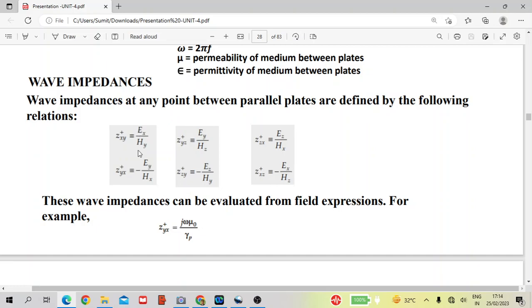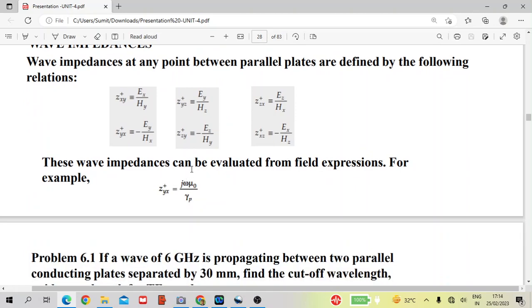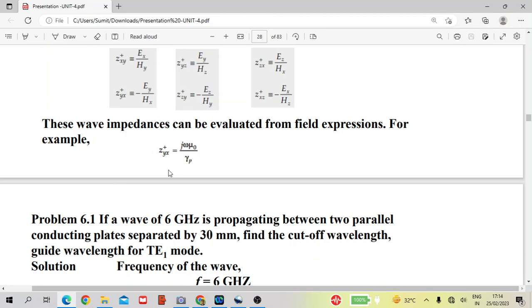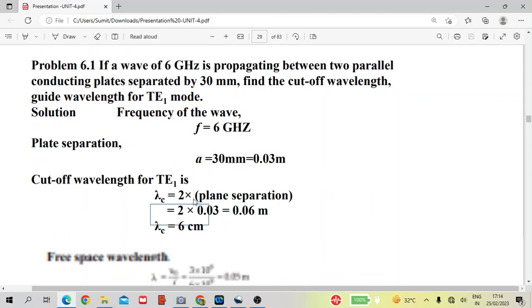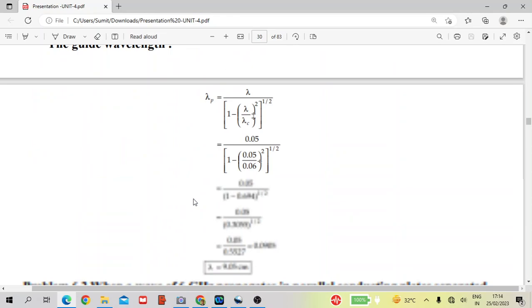Similarly, for propagation along this plane it is Ey by Hx at any point. These wave impedances can be evaluated from the field expressions in this way. And these are some of the examples you can practice.